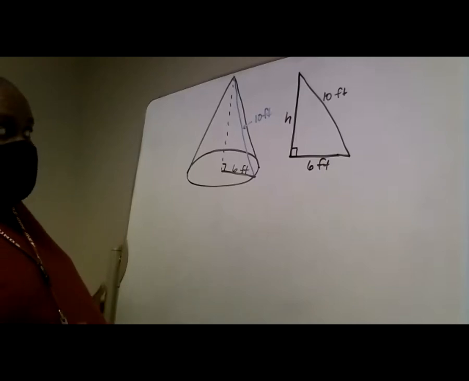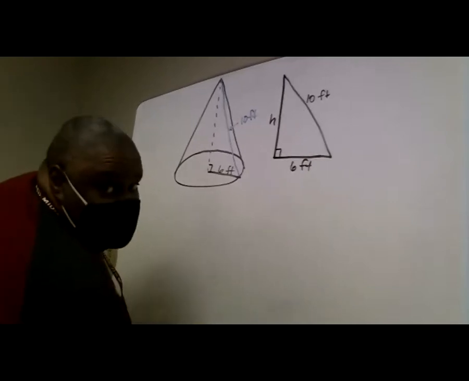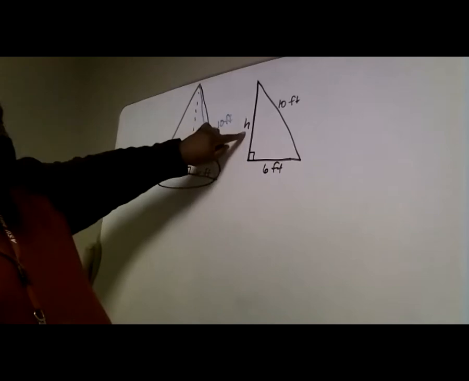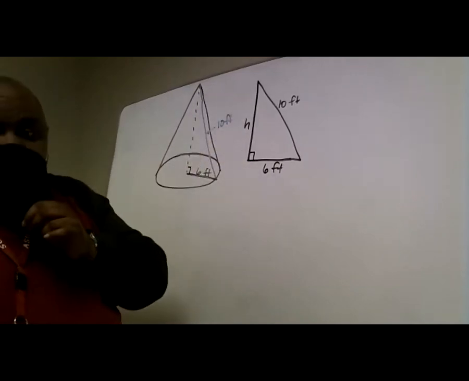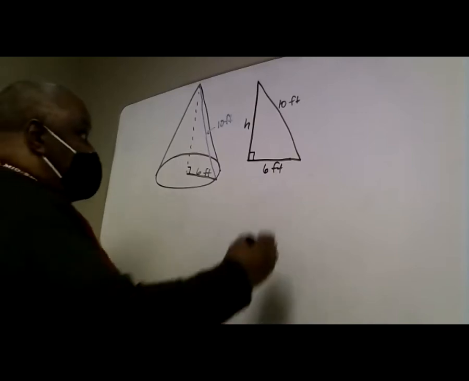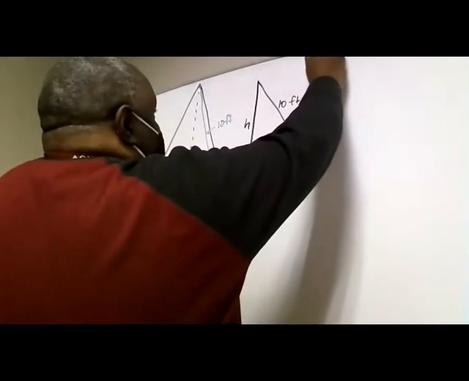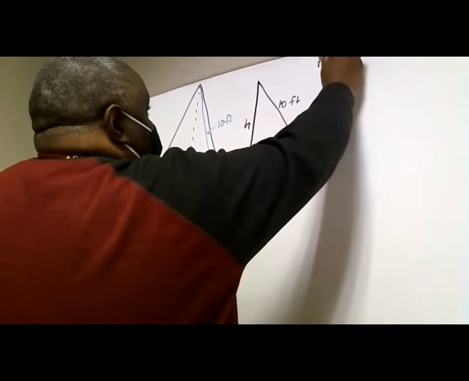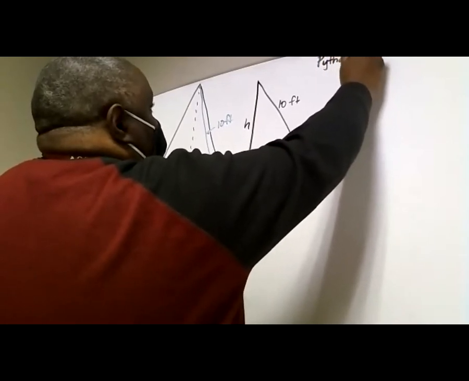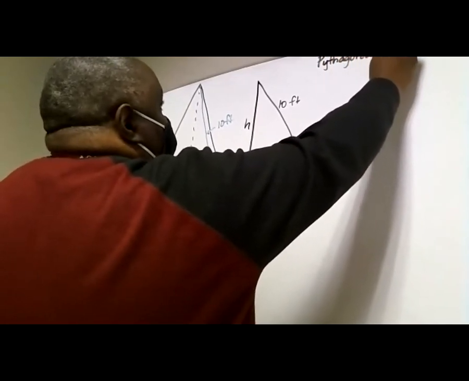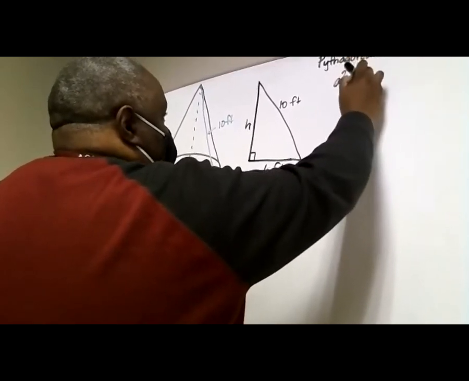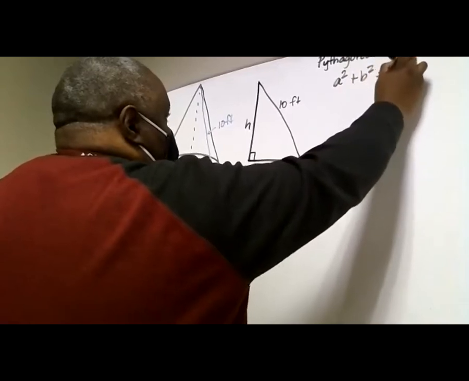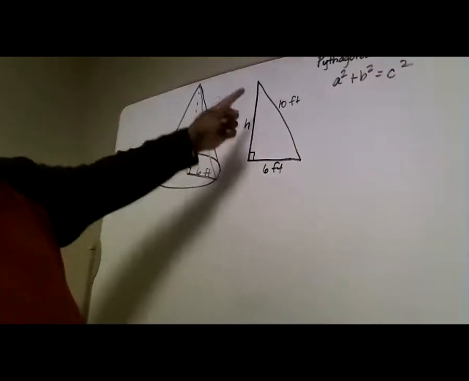If you recall, to find this length in a right triangle, we can use the Pythagorean Theorem. The Pythagorean Theorem is: a squared plus b squared is equal to c squared. The c is your hypotenuse.